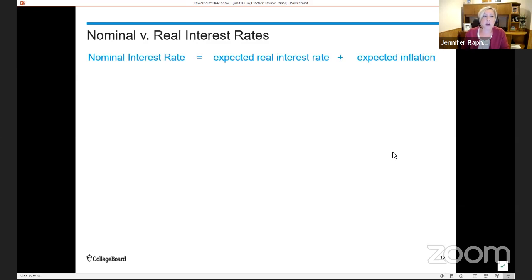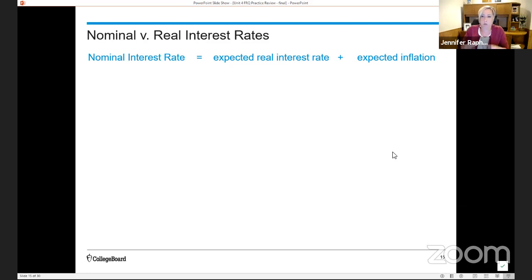The nominal interest rate somebody is willing to pay is based on the expected real interest rate they want to pay and their expectations for inflation. If a bank tells you the nominal interest rate is 8%, and you don't want to pay more than a 5% real interest rate, that means you're expecting the inflation rate to be 3%.